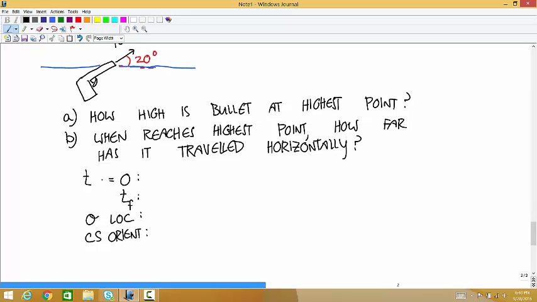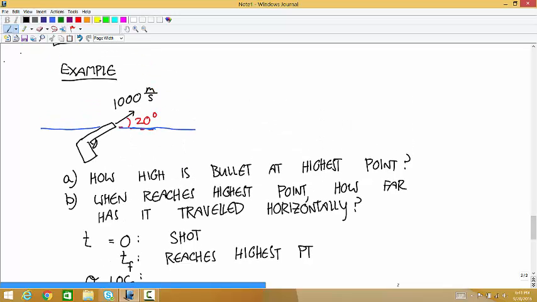All right, time equals 0 is the instant that it's shot. Time final is when it reaches the highest point. The origin location, I'm going to put at the ground, and the coordinate system orientation is going to be like that.